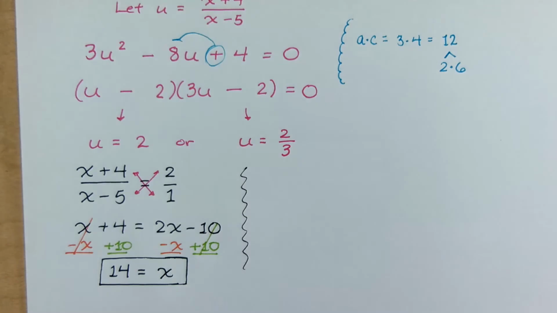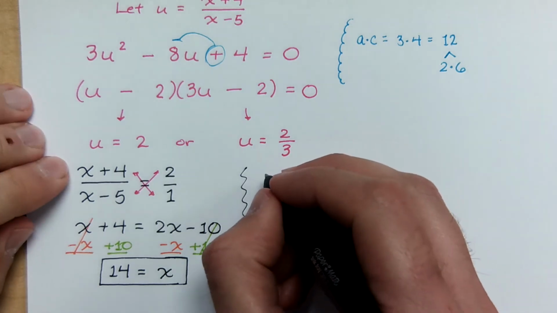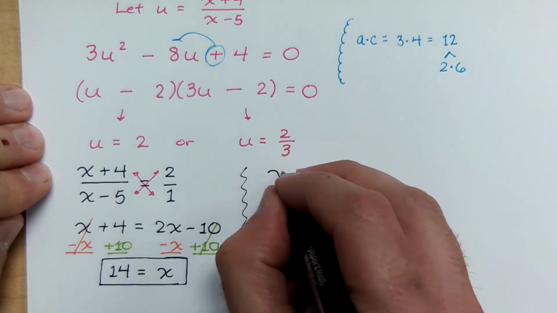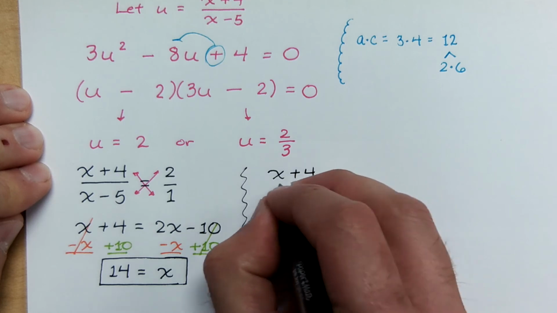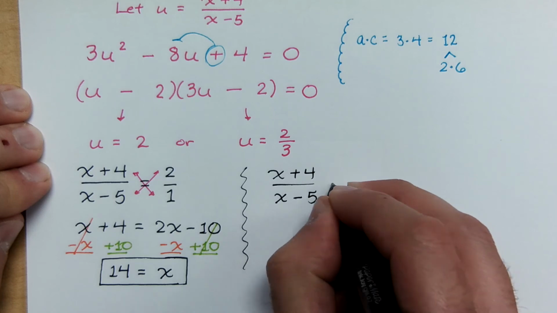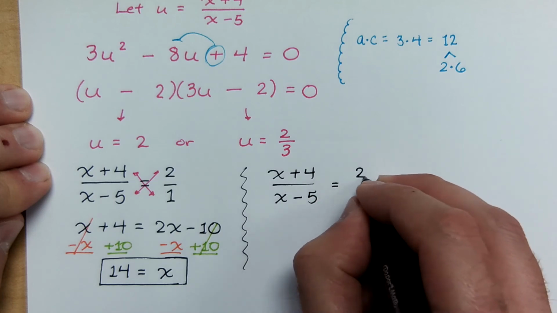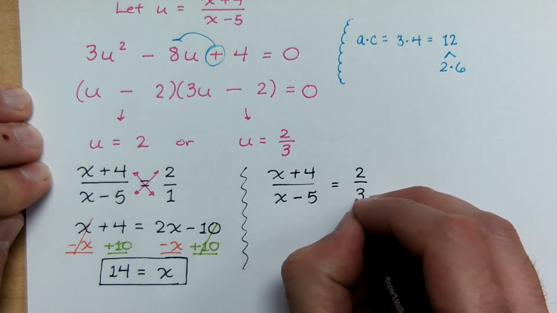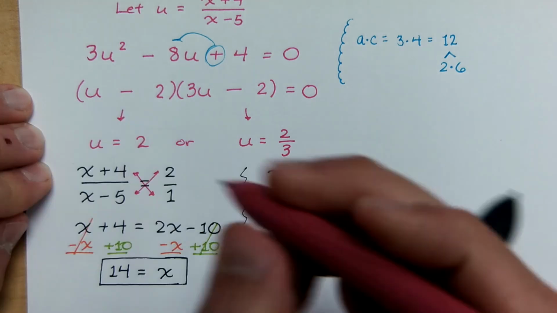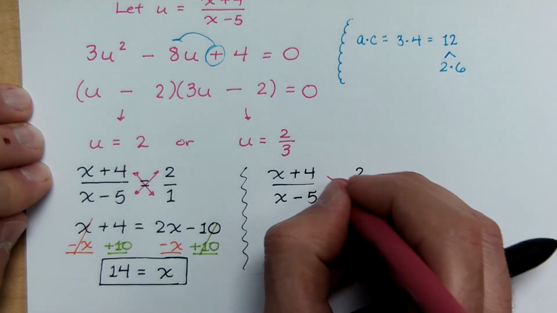On the other side here, what is the other half of this equation going to give you? What is u? x plus 4 over x minus 5. Still the same thing, x plus 4 over x minus 5, and this is equal to 2 over 3. Just like we did on the left half, we can still say that the cross products are equal.